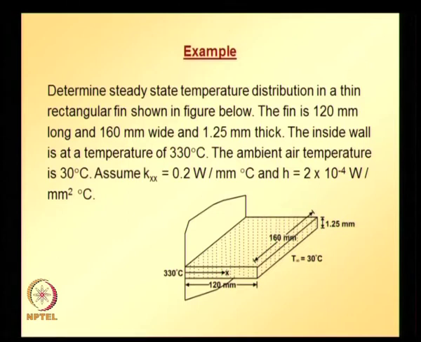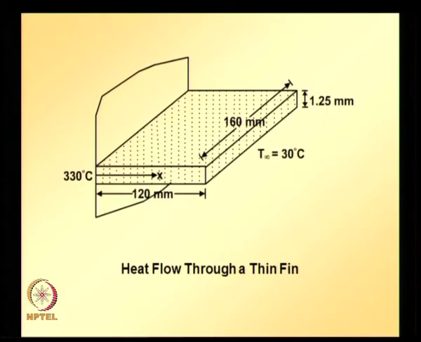So, now we need to discretize this problem before we apply the element equations that we derived for 2 node finite element. So, this is the figure which is showing the rectangular fin with all detail.